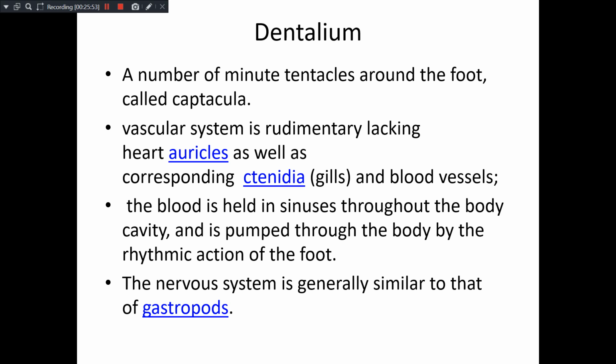But the blood is held in sinuses throughout the body cavity and is pumped through the body not by the action of the heart, but by the rhythmic action of the foot. The nervous system is generally similar to that of the gastropods.